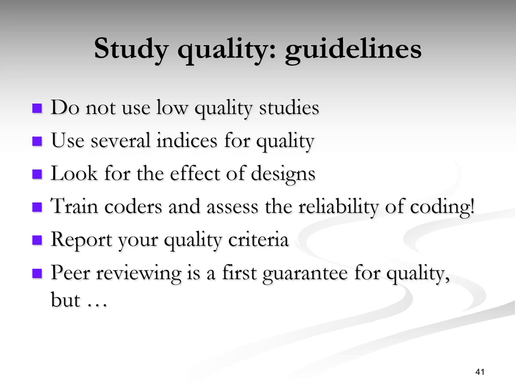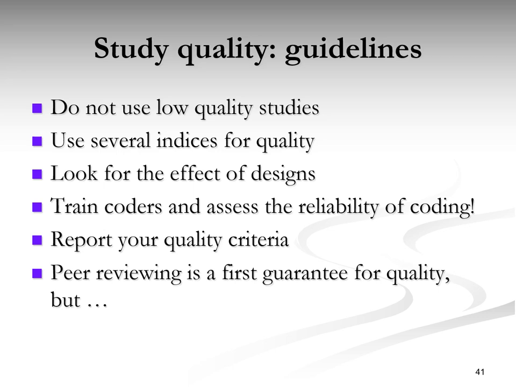It's also a good idea to train coders of the individual studies, coders that assess the quality of studies, to make sure that all coders are assessing the quality in exactly the same way. And it's also a good idea to assess the size of reliability between the coders.